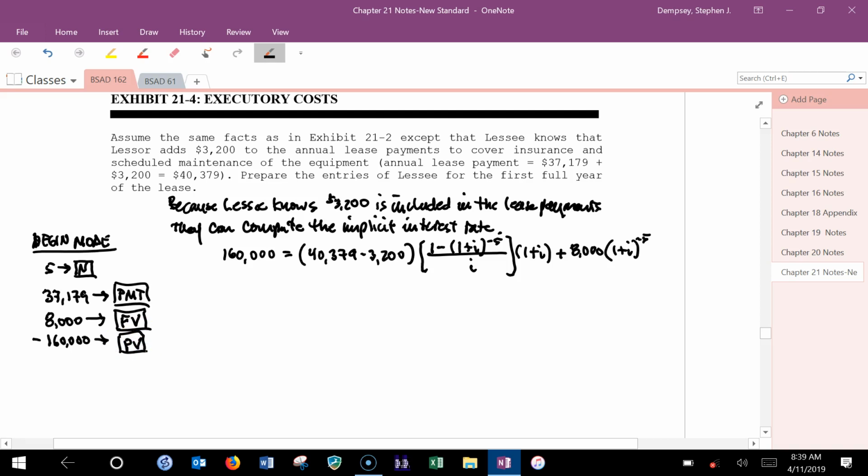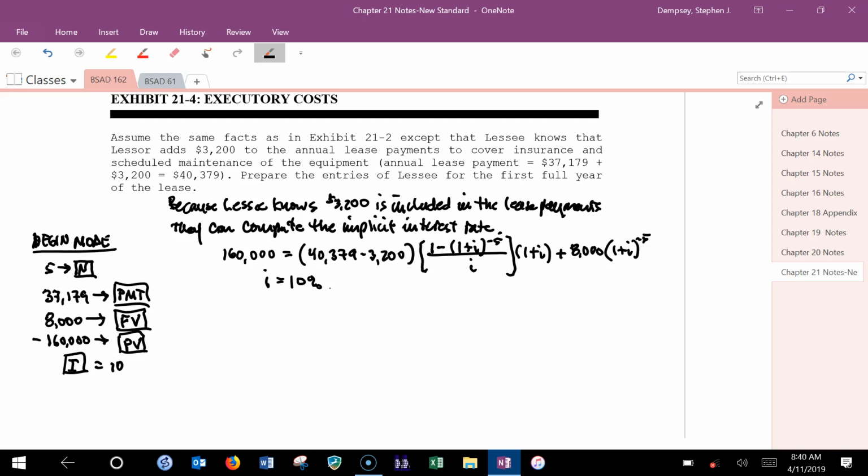So if you do that and you hit I, what do you get? You should get 10. So it's 10%. So I is equal to 10% in this problem. So the lessee could still determine that implicit interest rate as long as they know how much of the payments are executory costs.